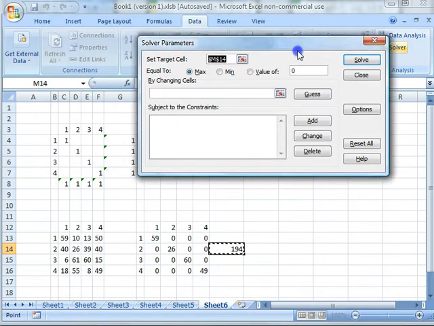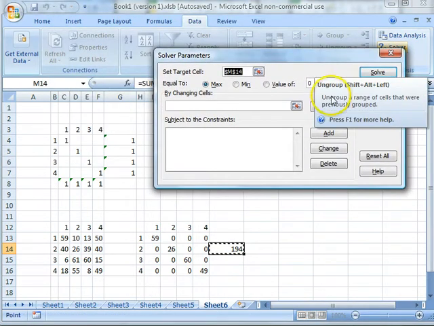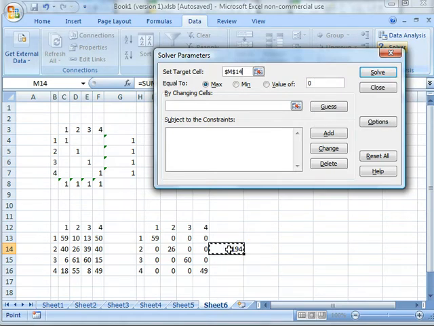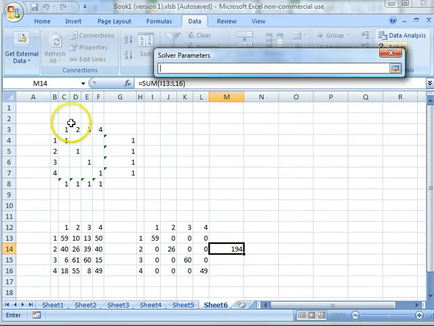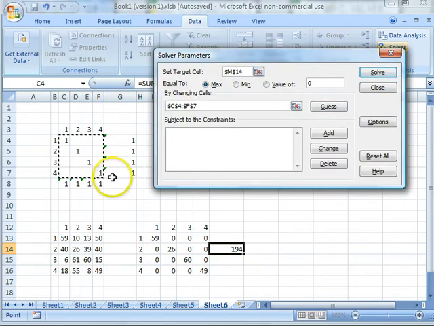So we can solve this by using the solver, and the objective function is the total value of the benefit, and we want these 16 cells to be my decision variables. And we're going to have a few constraints.